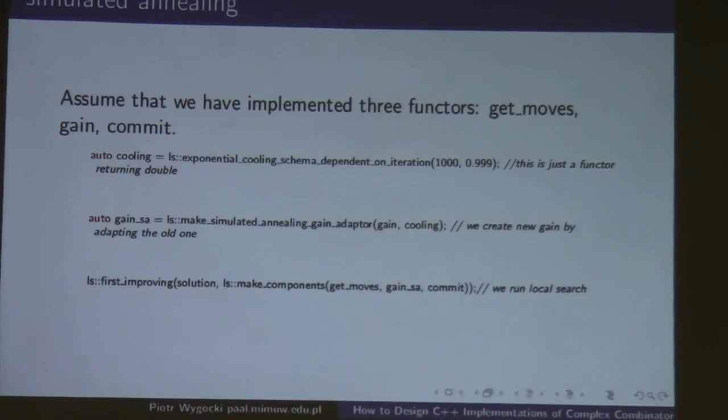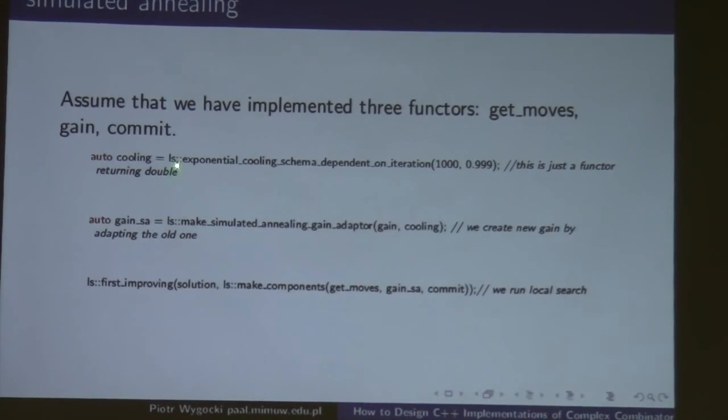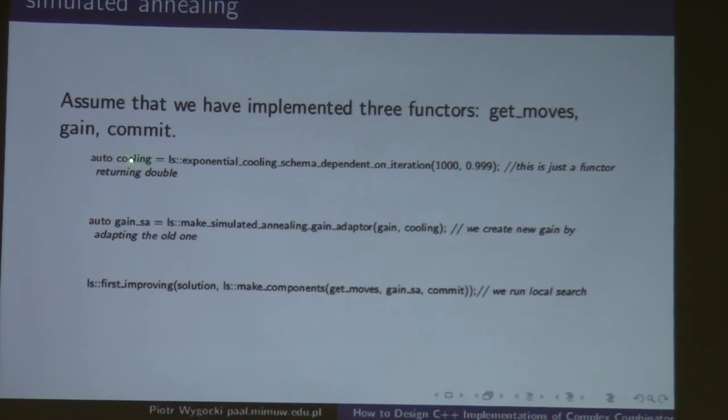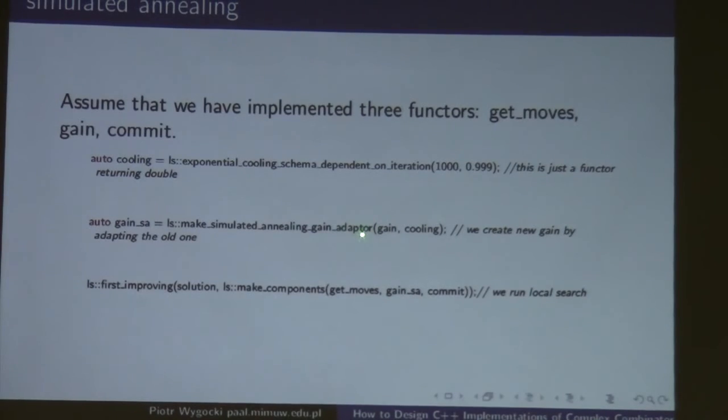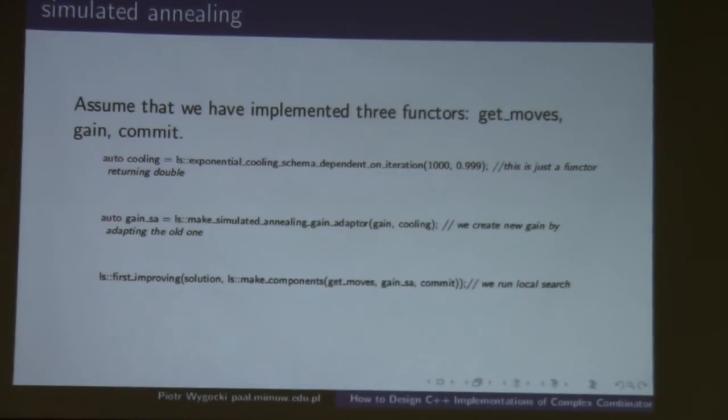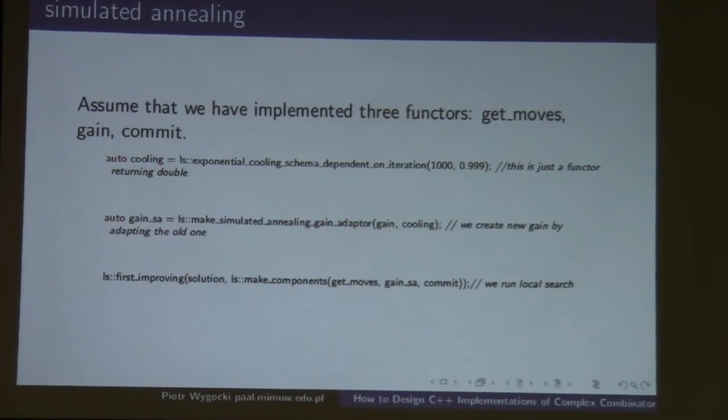The remark was, as far as I understood, that the range of this cooling is somehow connected to the range of the gain. And of course, this is right. As I told you, you must understand what is going on here, and here you provide these parameters, and they are strictly connected to your current problem.